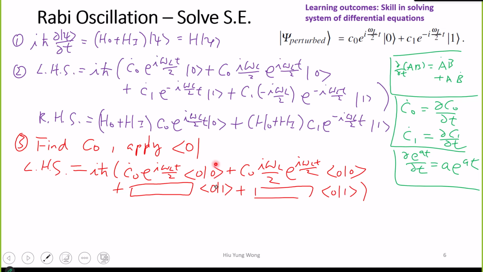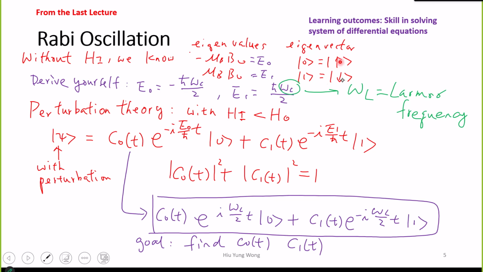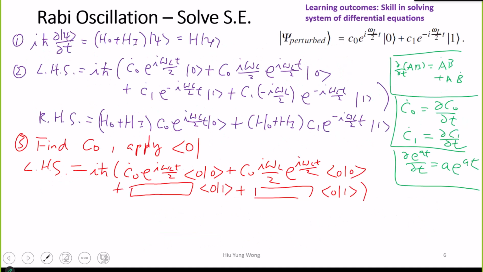What is <0|0>? Someone say 1, right? Because it's orthonormal. What is <0|1>? 0, right? Again, I remind you, the so-called 0 is spin up. 1 is spin down. They are orthonormal, right? When the qubit is spin down, it doesn't have any component that is spin up, right? When it is spin up, it doesn't have any component that is spin down.